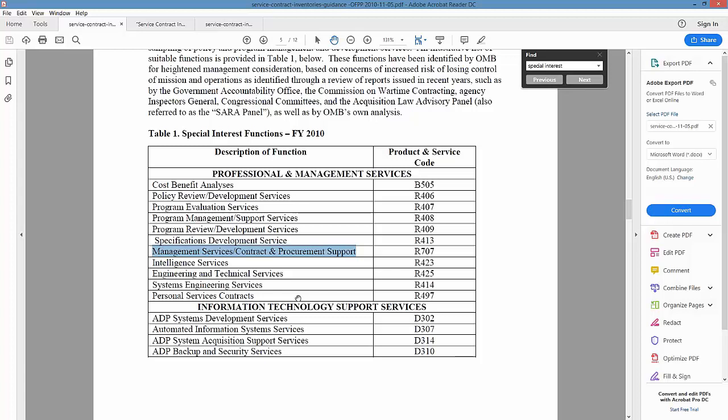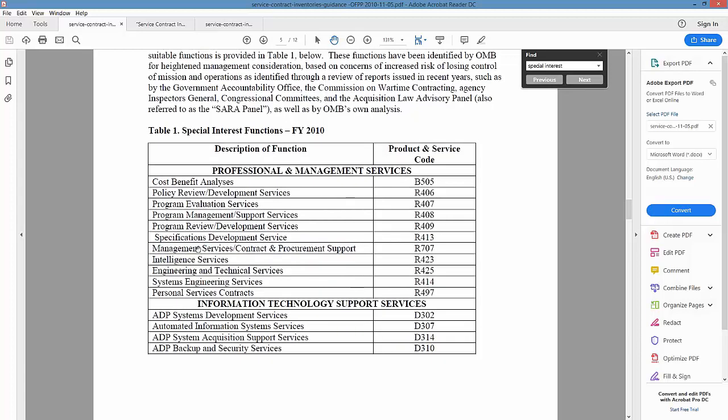On the other hand, you got a ton of contracts out there where you've hired contractors to be contract specialists and to write all, again, exaggerating, to write all of your statements of work for review, to do all your market research.